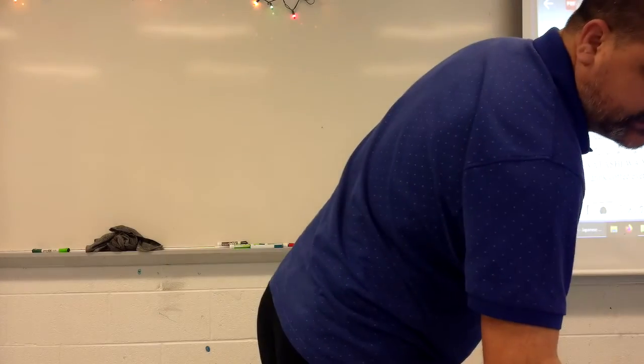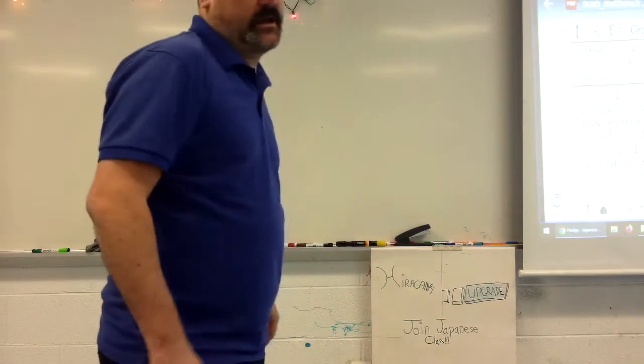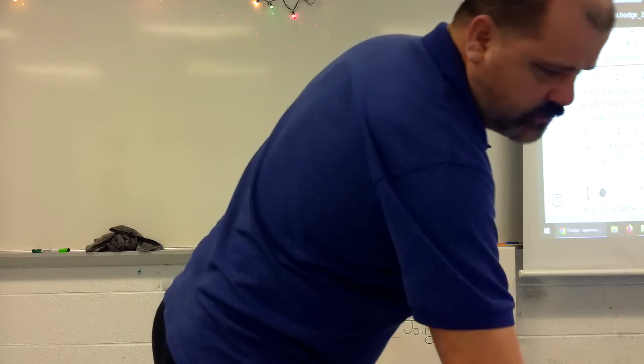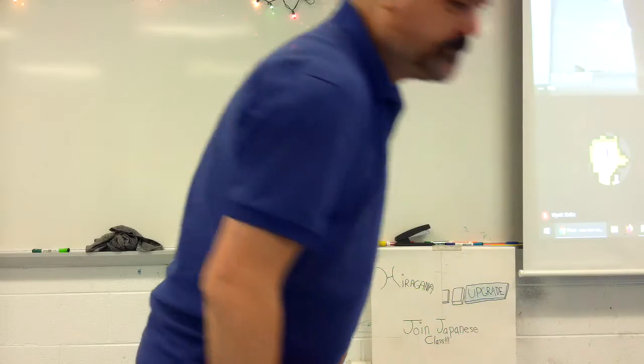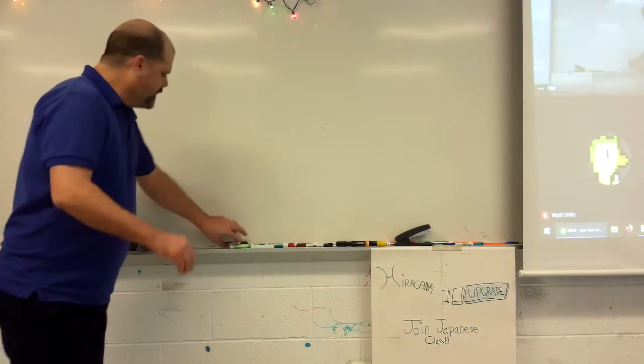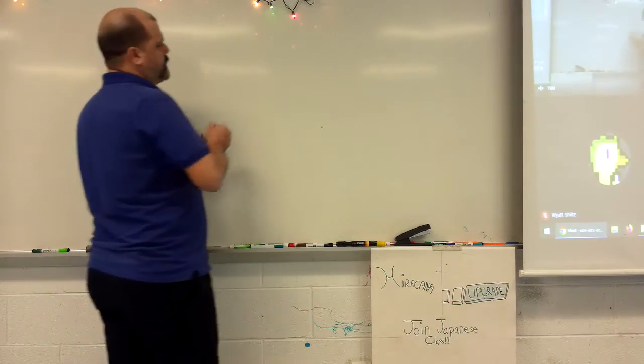All right. So, just to give you a look at why wa is used with negatives. If you think about it this way, we've already learned the direct object o.